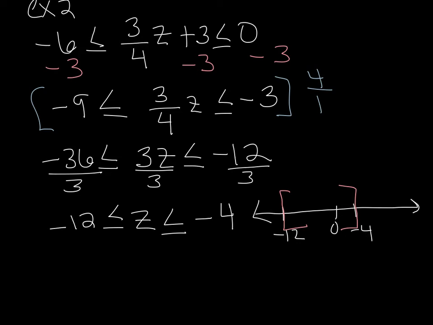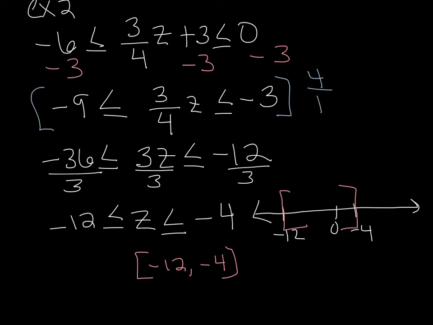So that's when we use brackets. And then if you're asked to write in interval notation, and you've done your graph, it's the same thing as what you've just put on your graph. It will look like minus 12, minus 4. We always want to have the smallest number first.